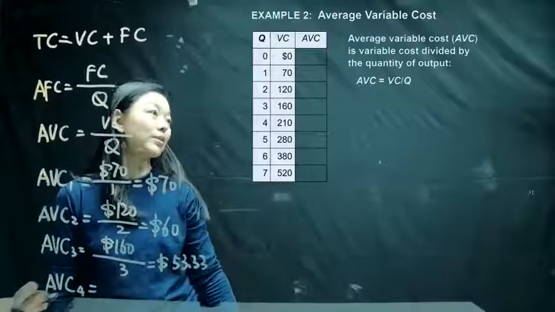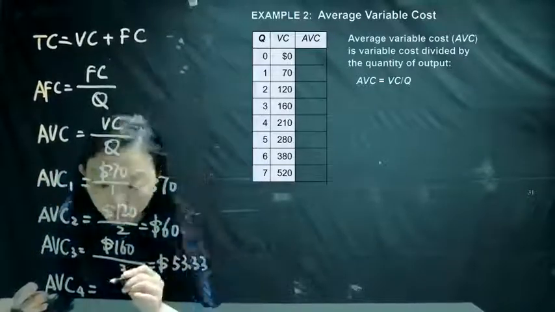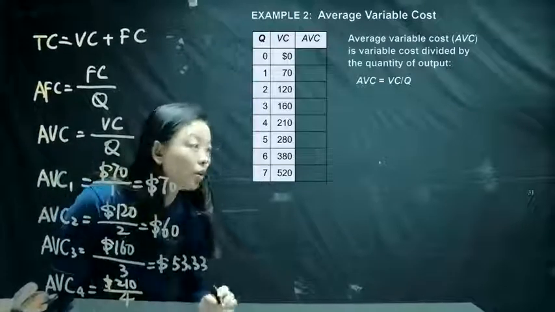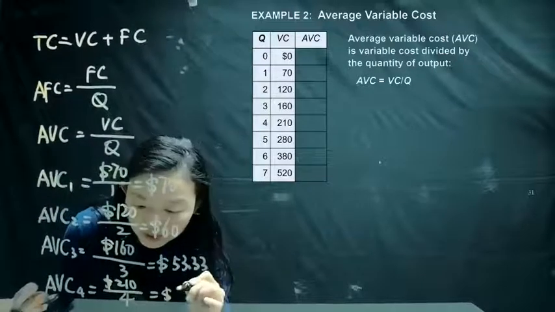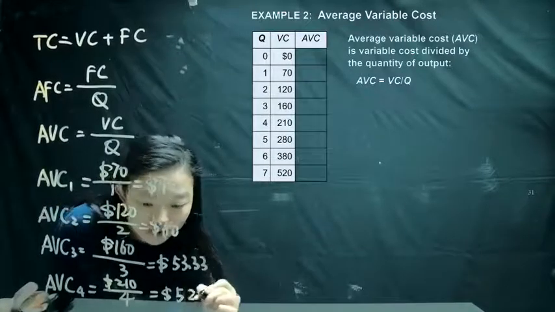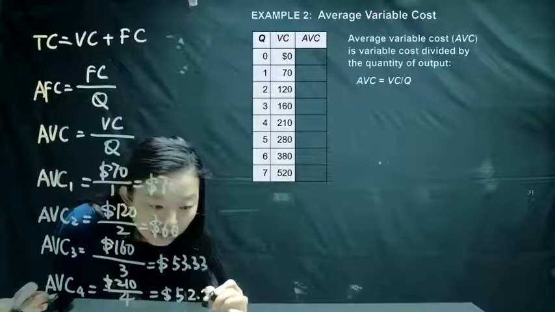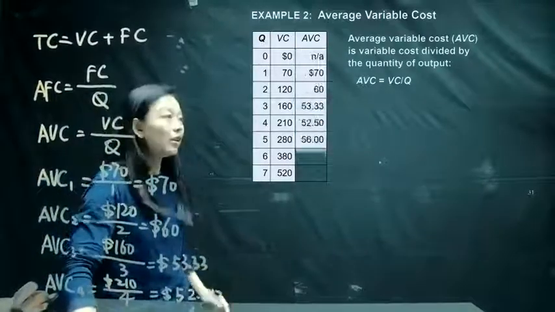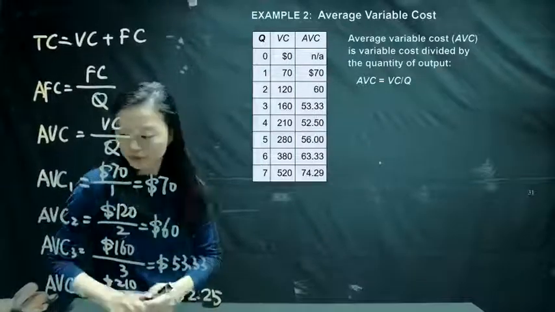Similarly, 210 divided by 4 equals 52.5.